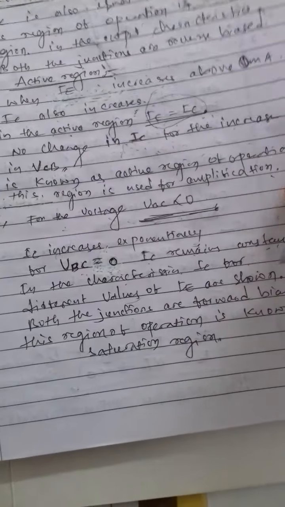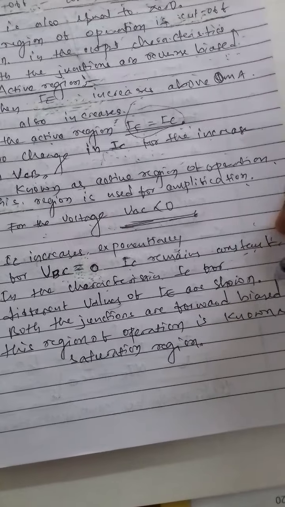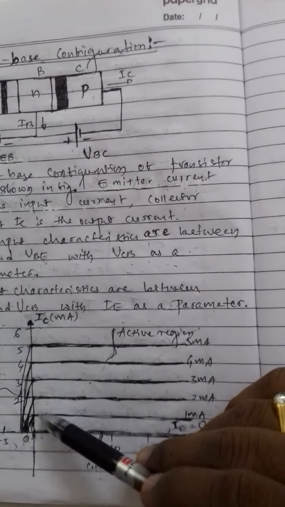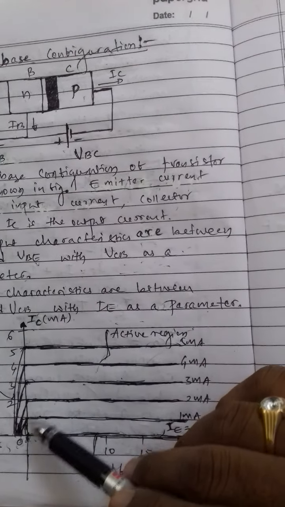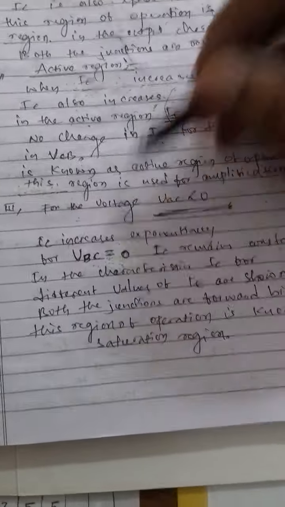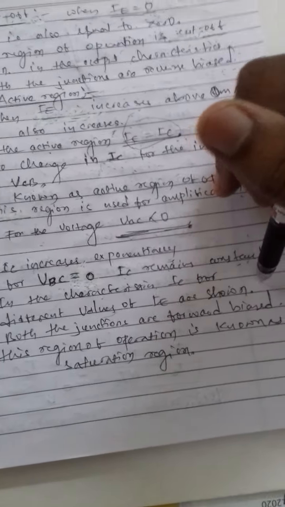In the characteristics, the collector current for different values of emitter current is shown, that is 1, 2, 3, 4, 5.